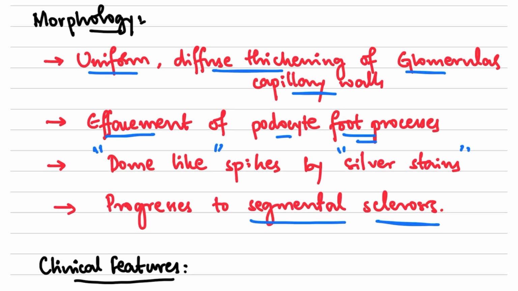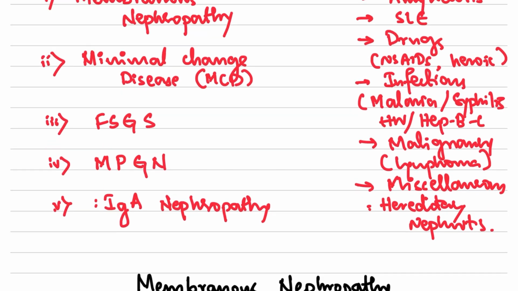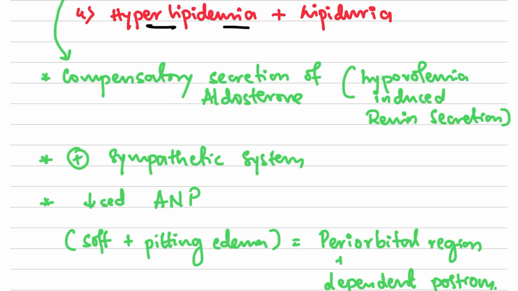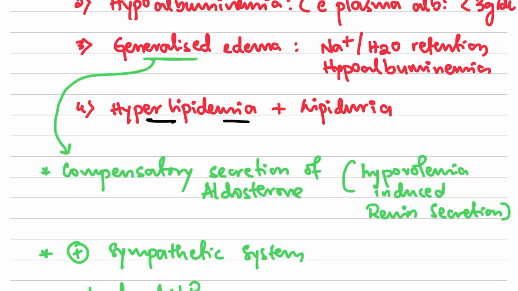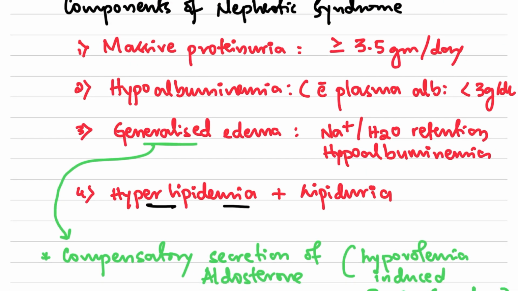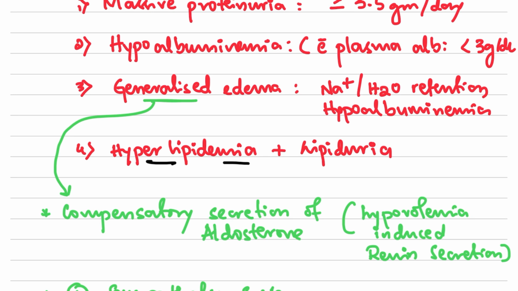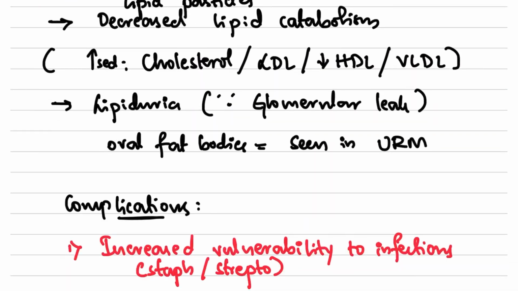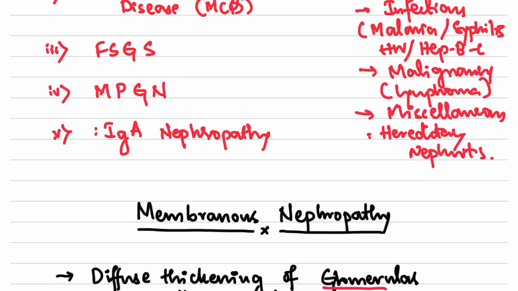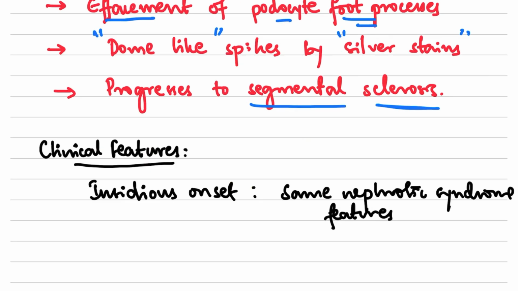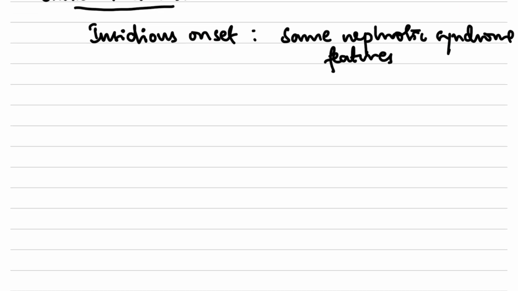And what are the clinical features of nephrotic syndrome? As we had just discussed in the previous video, this includes massive proteinuria of more than or equal to 3.5 grams per day, hypoalbuminemia with plasma albumin less than 3 grams per deciliter. The patient will have generalized edema due to sodium and water retention, as well as hyperlipidemia and lipiduria. Please watch the previous lecture to learn the basics of nephrotic syndrome. So those are the clinical features in membranous nephropathy. The patient will also have mild hypertension.